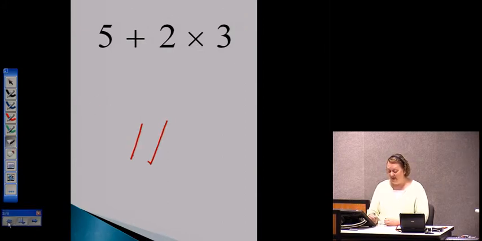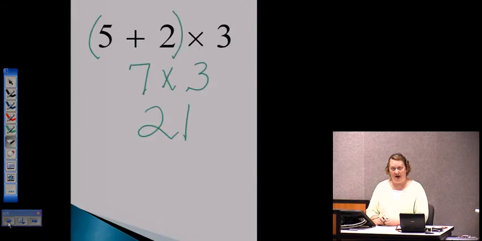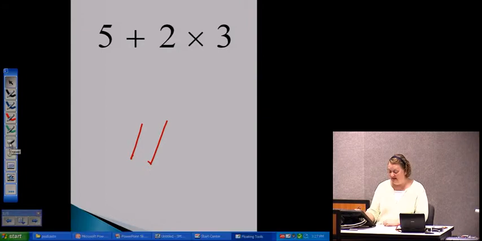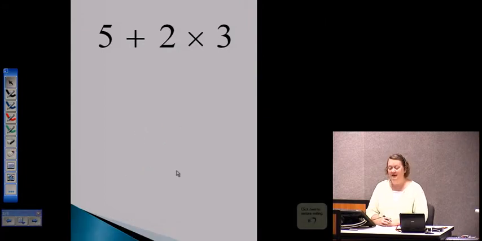Now, actually, both of my answers were correct because I used the parentheses to tell us which one we were doing first. But without the parentheses, as I took off the parentheses here on this problem, you have to stop and think, which operation has the higher priority?